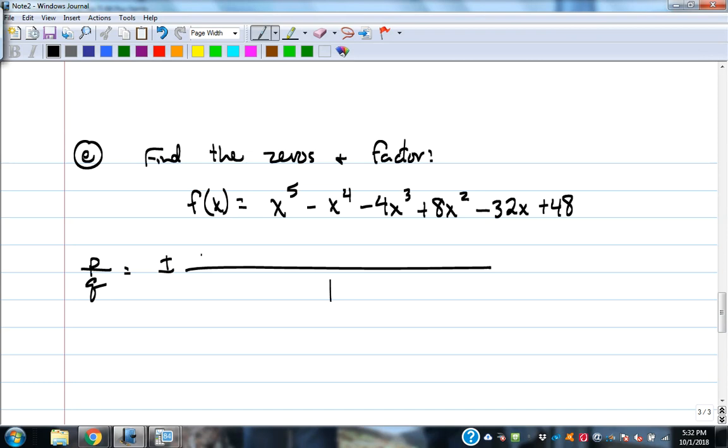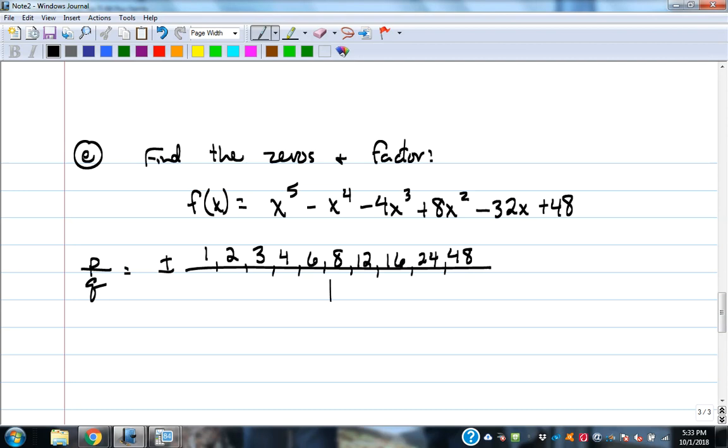So I know 1 and 48. I'll start there, and then I also know 48 is even, so that's 2 and 24. Does 3 go into 48? Yeah, 16 times. 4 goes into 48 12 times. 5 doesn't go into 48. 6 goes into 48 8 times. 7 doesn't go into it. 8 does go into it, but we've already done that, so I've started repeating myself once I get there.